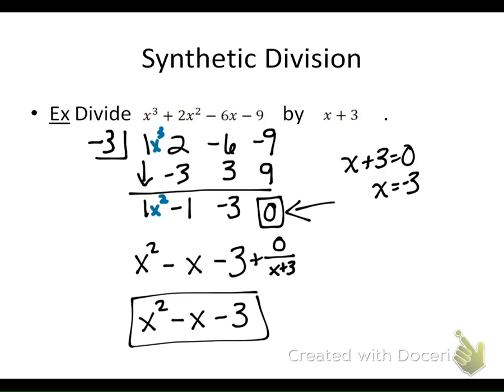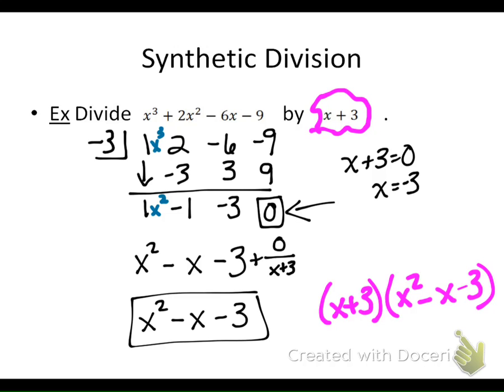So the factor x plus 3 is technically a perfect factor of x cubed plus 2x squared minus 6x minus 9. In other words, x plus 3 times x squared minus x minus 3. If we needed a factor, this is what it would look like from that big polynomial in the beginning.